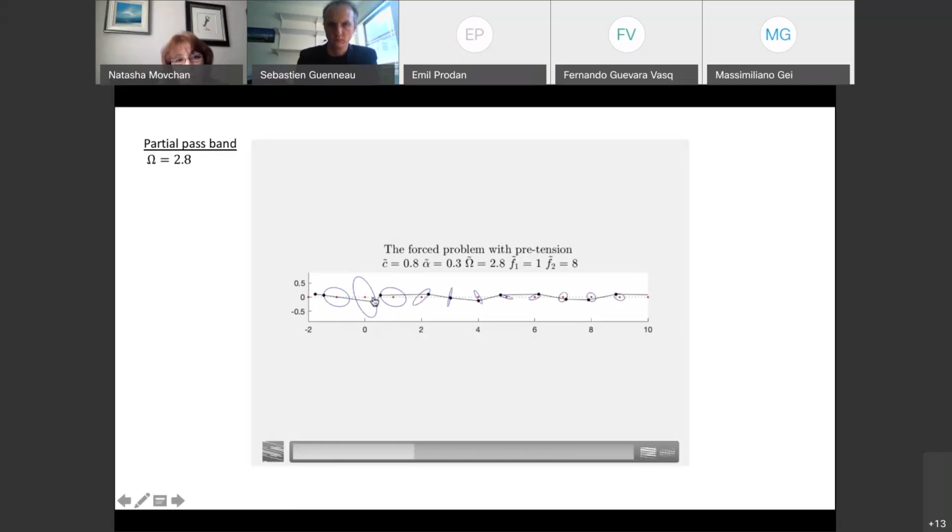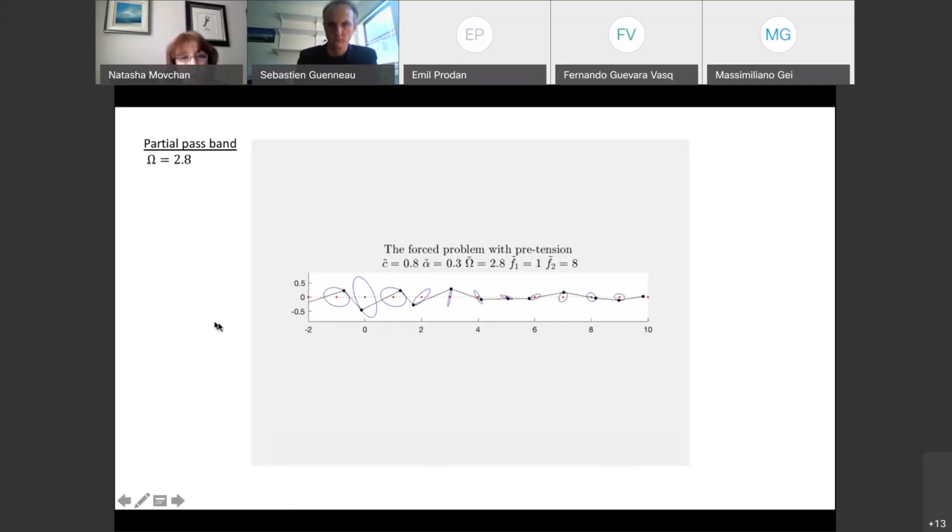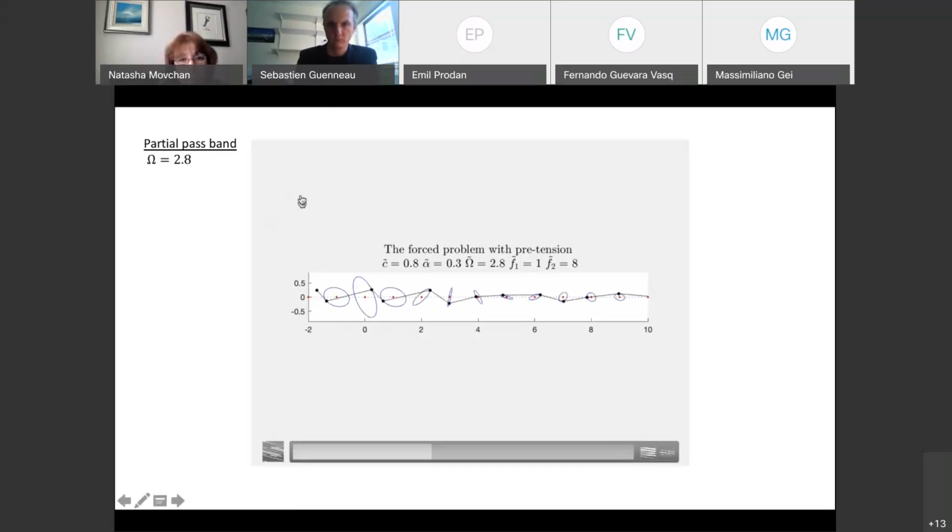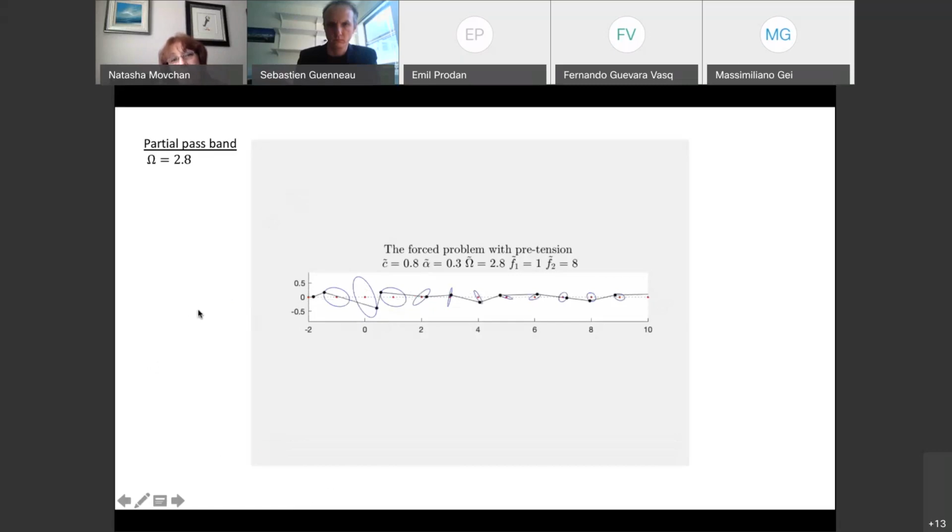In the partial passband, we have some different distribution of trajectory. Again, the force is applied somewhere here at the 0 node. And we can see we have one of the waves evanescent, but the other one is still propagating. Therefore, we can see that the size of the trajectories, the displacements, are not decaying very rapidly as in the stop band.